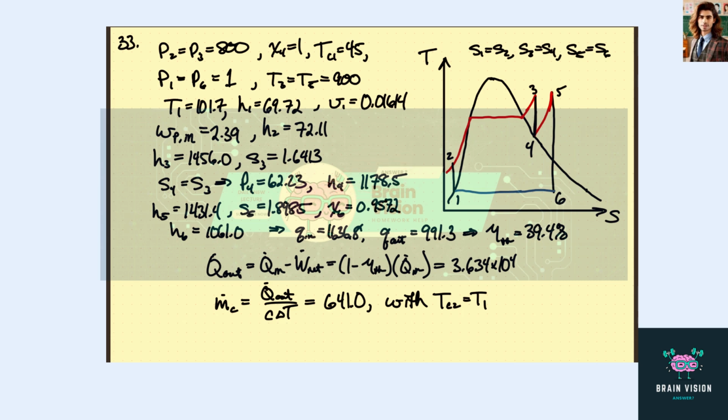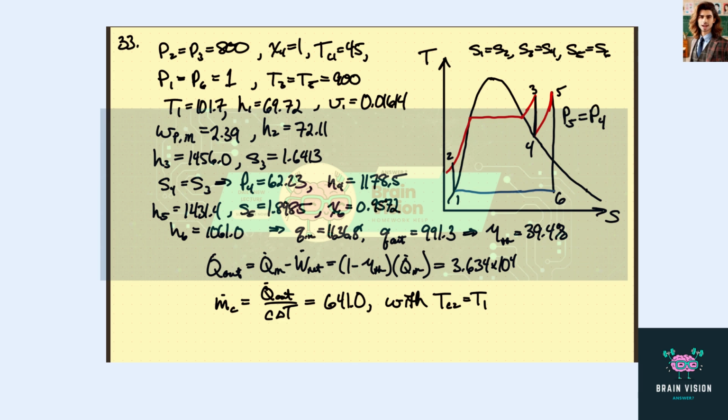We can find the enthalpy at 5 because we have the temperature at 5, and we know the pressure at 5, because P5 equals P4.